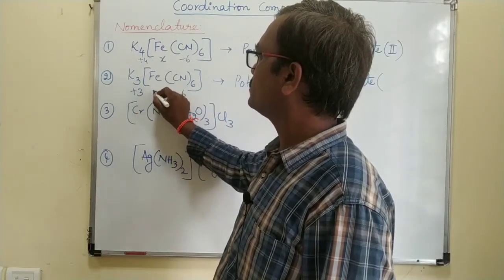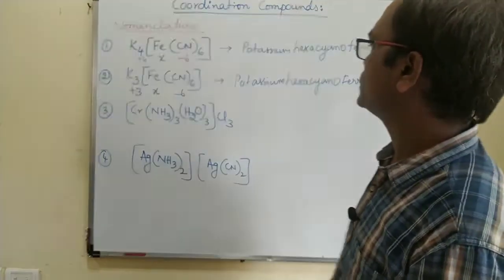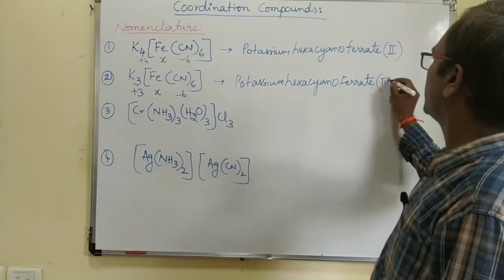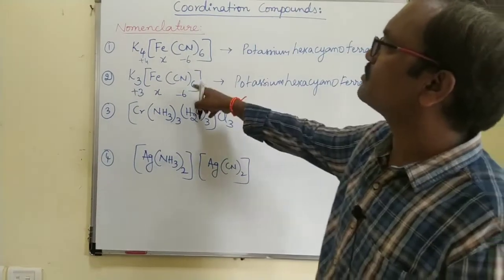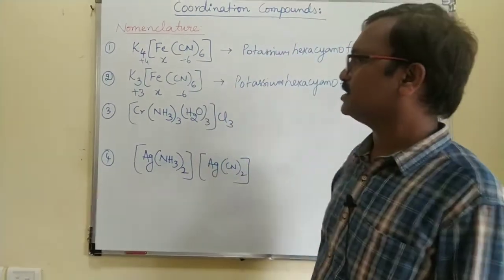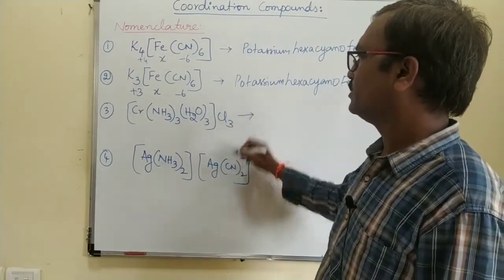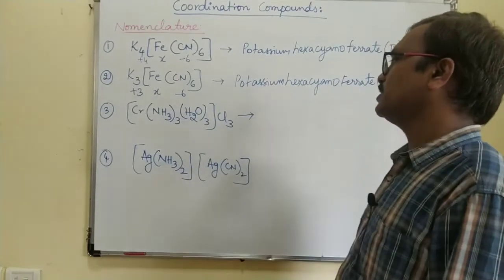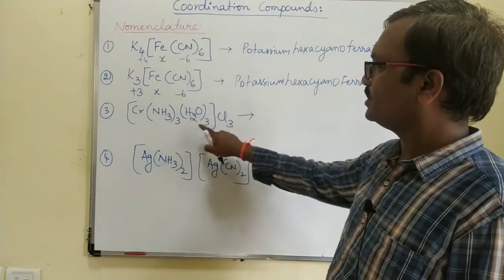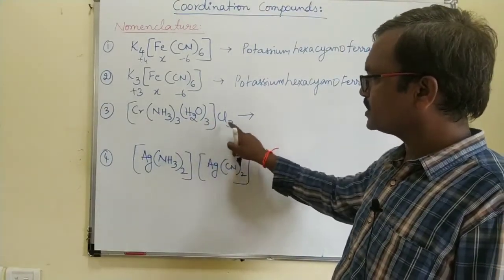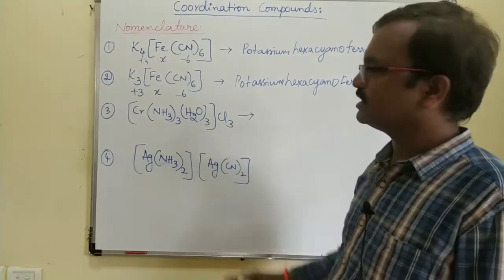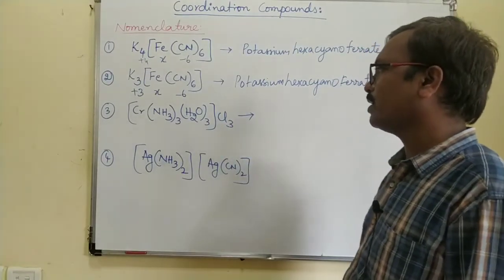So what is X? X is equal to 3. Ferrate(III) means this one, ferrate(II) means this one. First you have to write the cation. After the complex, this is Cl3, you should not write Cl3. This is a negative charge, right?